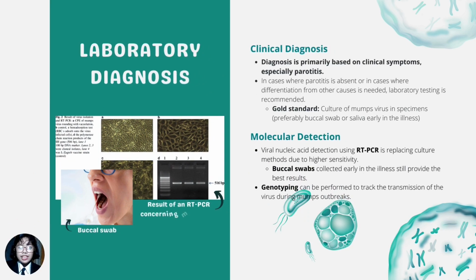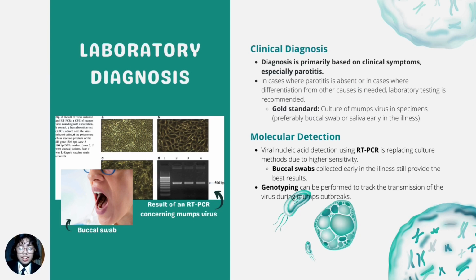So, if you were wondering how mumps infection is diagnosed, this slide is for you. You see, the diagnosis of mumps is usually made on the basis of clinical symptoms, especially parotitis, and does not require laboratory confirmation. However, testing is very useful in cases in which parotitis is absent or when differentiation from other causes of parotitis is required.